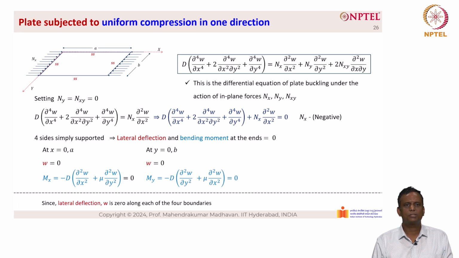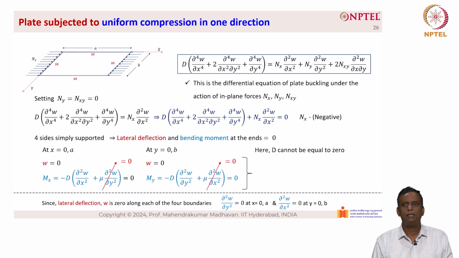Since the lateral deflection w is 0 along each of the boundaries, ∂²w/∂y², which is the curvature, is equal to 0 at x equal to 0, a. You can see that the ∂²w/∂y² term can be cancelled and equated to 0. Similarly, ∂²w/∂x² is equal to 0 at y equal to 0, b, which means that in the term My, the ∂²w/∂x² term also gets cancelled.